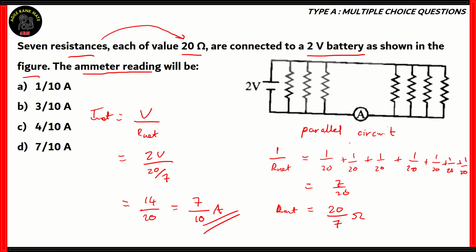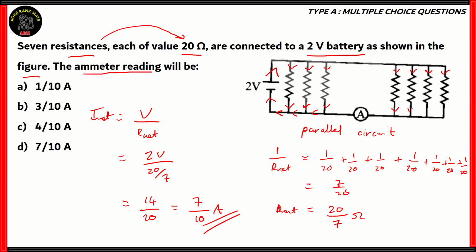Now, if you look at the ammeter, let's imagine a circuit. If you look at the circuit, the current starts from the positive terminal, passes through every resistor. So the current gets split up into 7 parts. The first 3 resistors get their current back into the negative terminal without touching the ammeter.